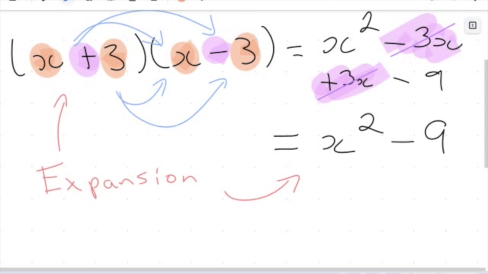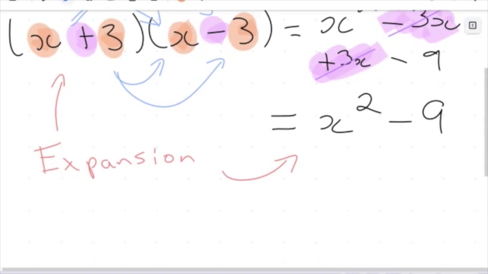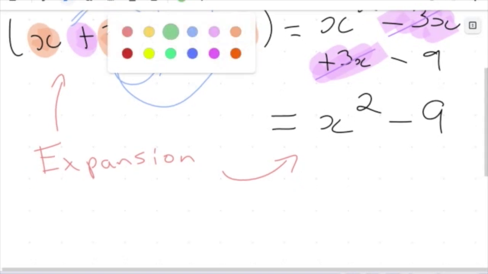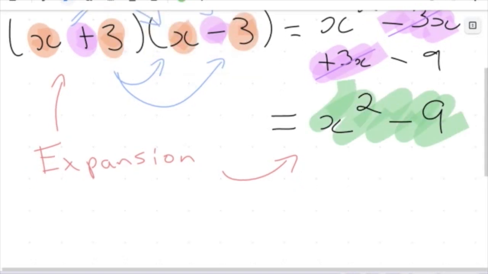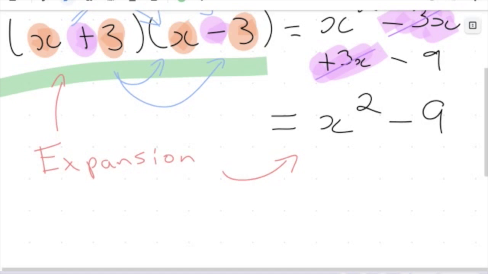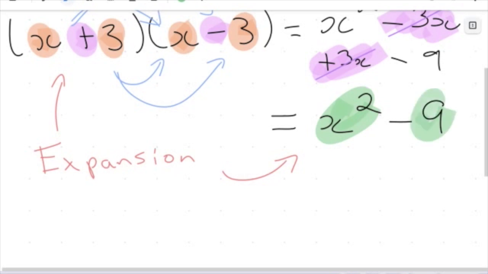Now, in order to think about factorization, the final thing we want to do is make a link between the answer here and the values in the answer with my ones from my binomial product form. What you may notice here is both of these terms are what we call perfect squares. We get them from multiplying two of the same numbers.